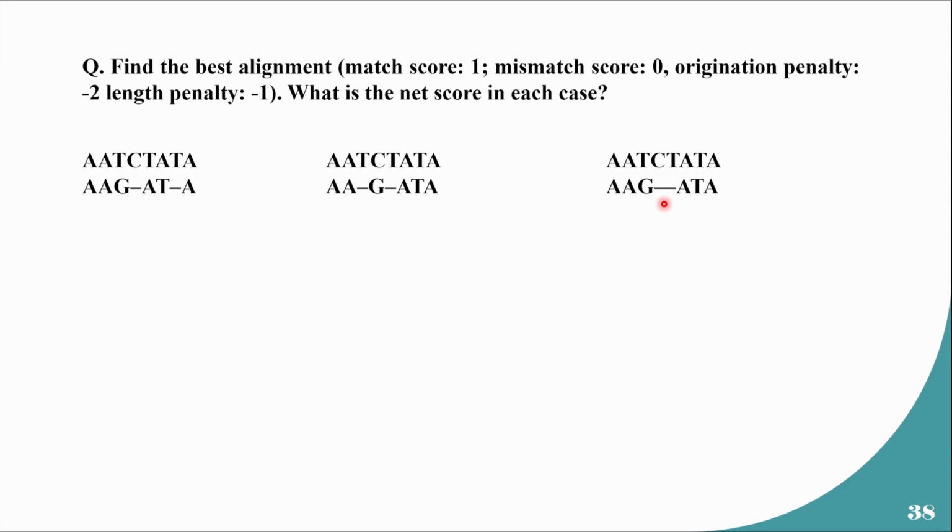And then how many gaps are present? For each of those gaps, you have to give one length penalty score. And for simplicity, again, here the mismatch score is considered 0. So try to work it out, and then you'll see the answer.